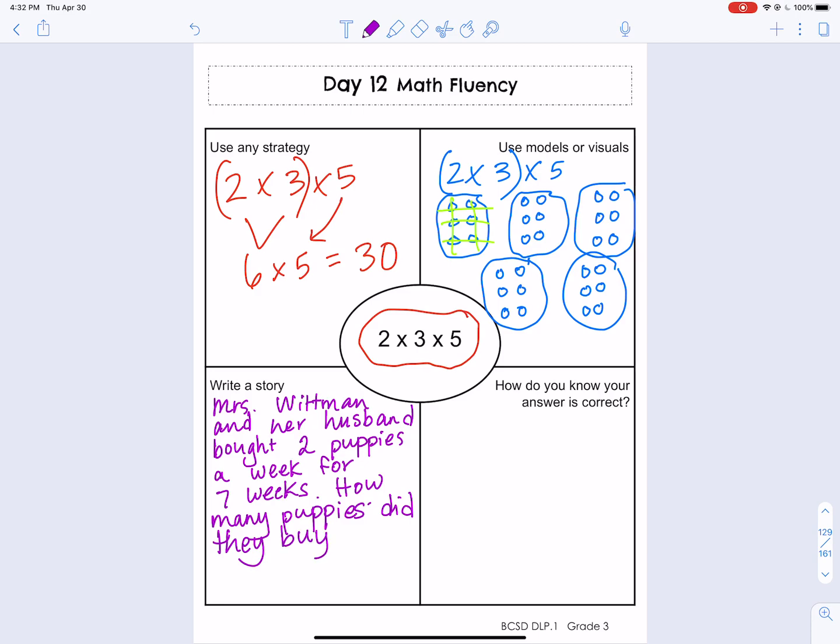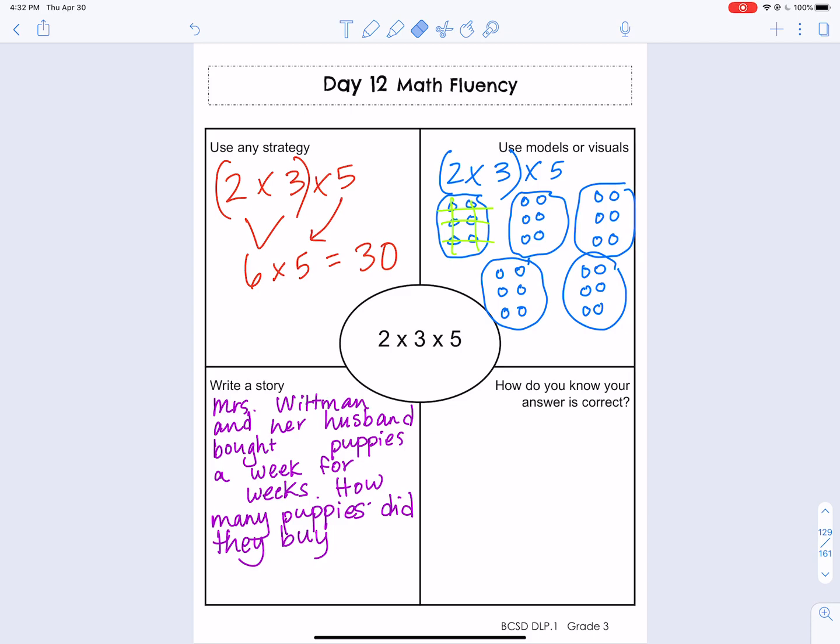Oh, you know what? I should not use the number 2 or 7 because that's not the numbers that's in my fact fluency that they are wanting me to use. So let me just erase those numbers there. And so we need to make sure we're using a 2, a 3, and a 5.